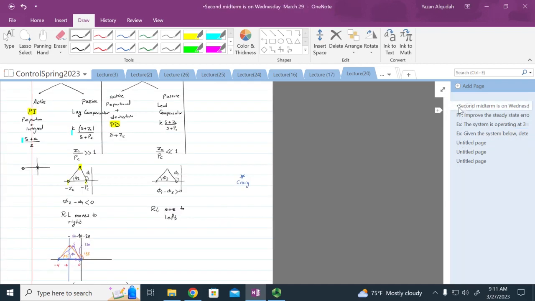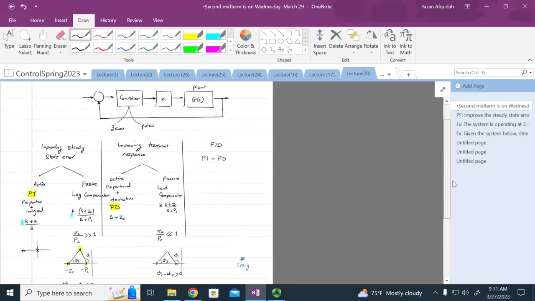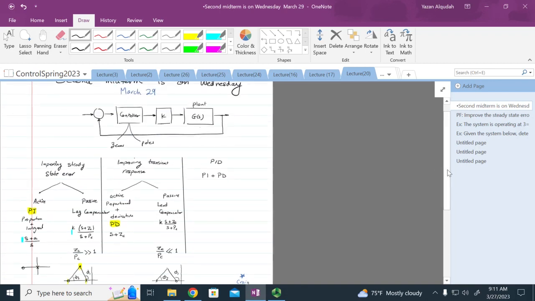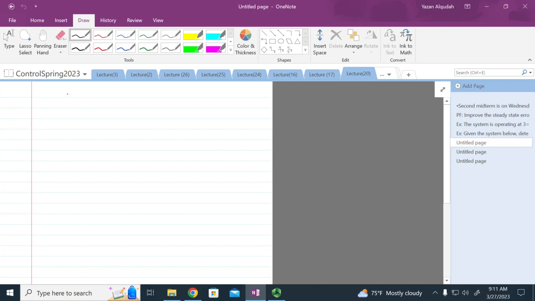So now that we covered the first compensator, the active PI compensator, where we add a pole and add a zero very close to the pole so that it cancels its impact on the transient response, but it will increase the system type by 1, we're going to look at the second compensator, which is the lag compensator.